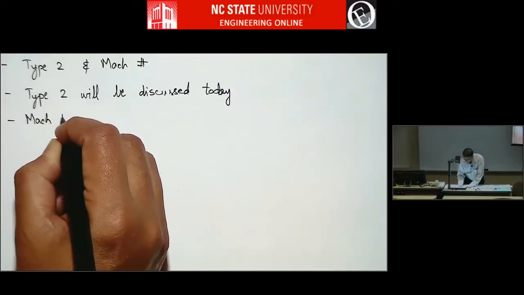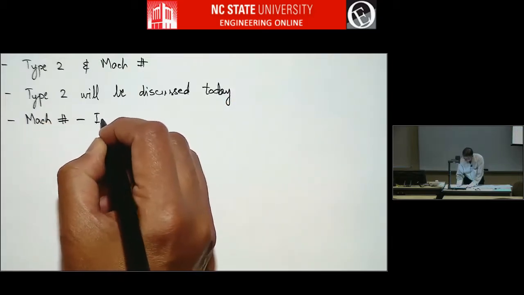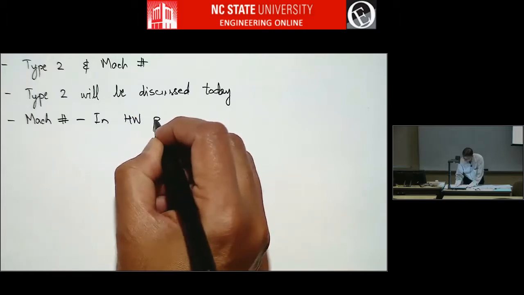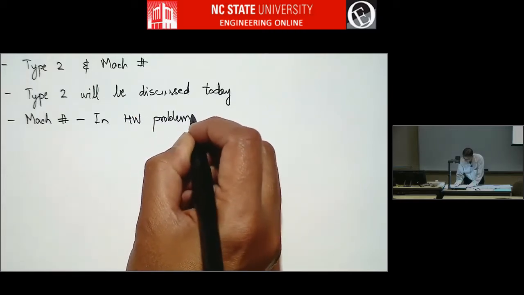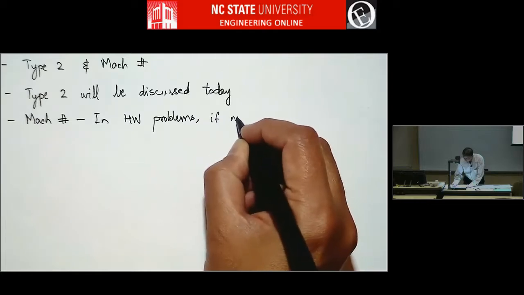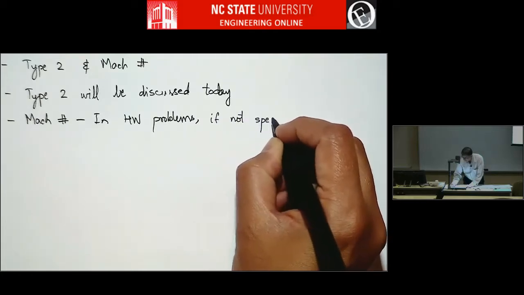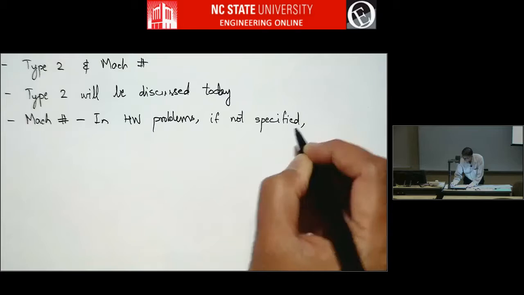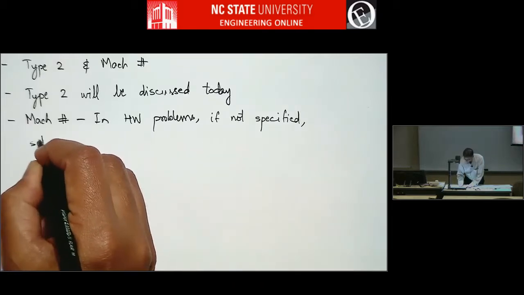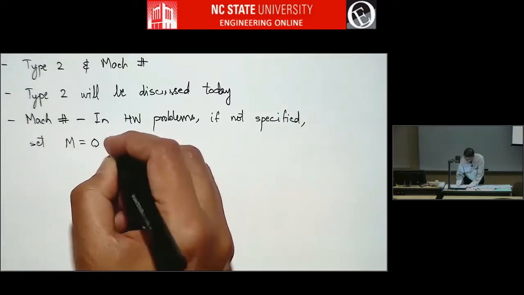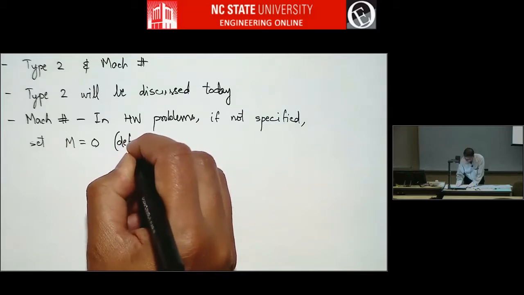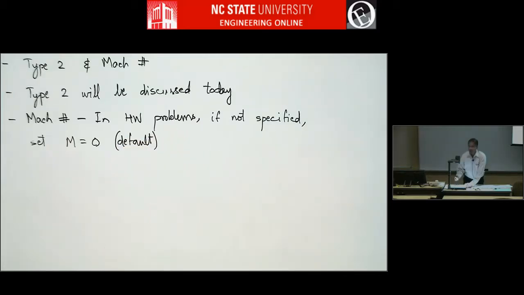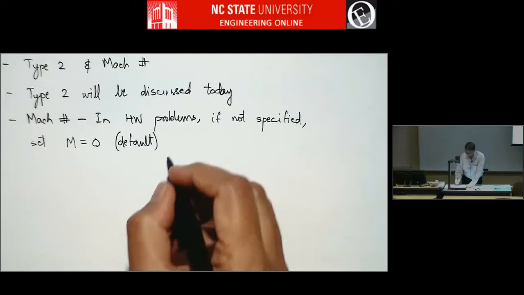Mach number in homework problems, if not specified, put it as 0. This is the default. If you don't say anything about Mach number, it will automatically be 0.